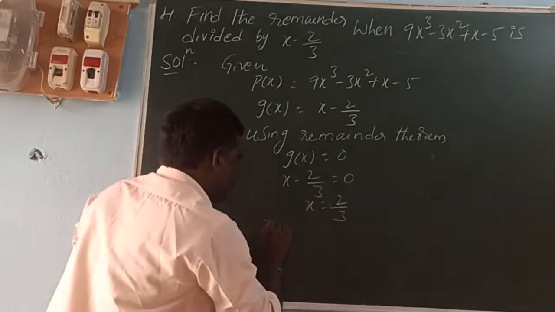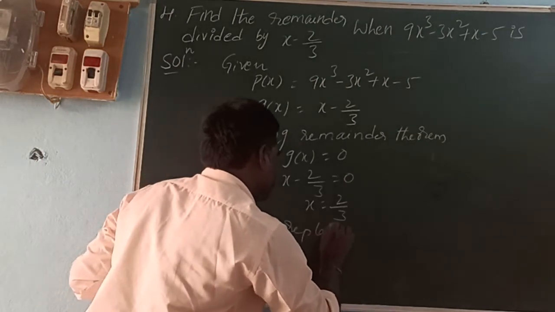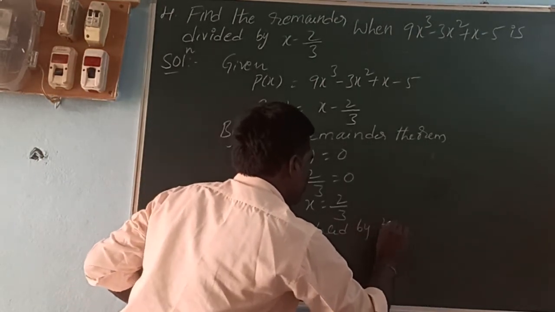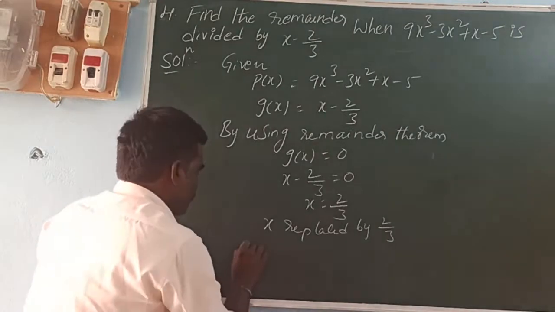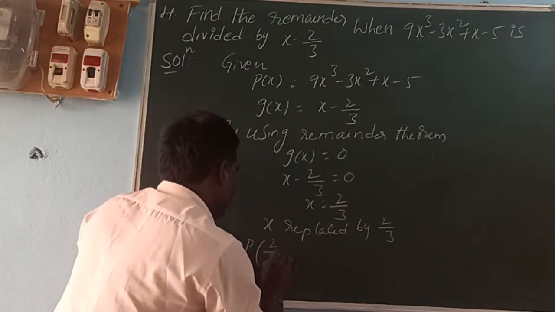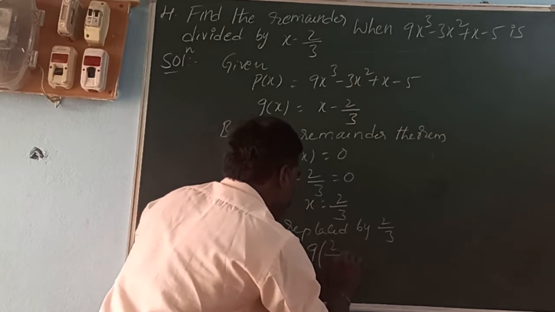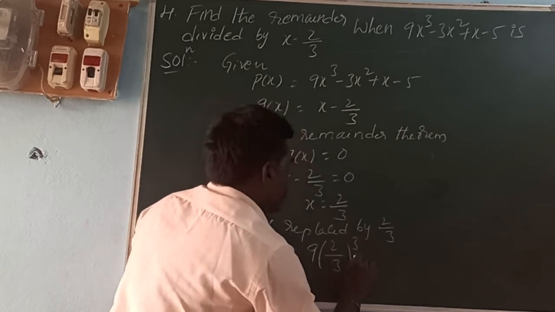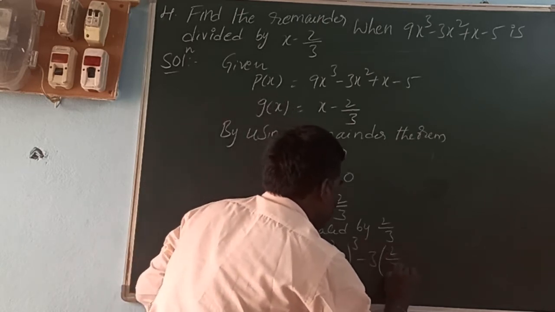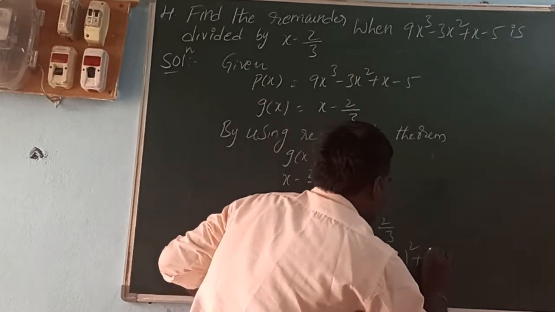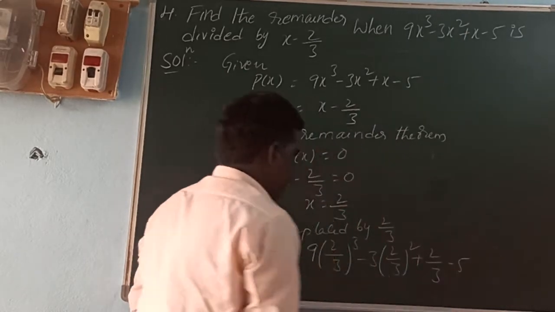So x is replaced by 2 by 3, that is p of 2 by 3 is equal to 9 of 2 by 3 whole cube minus 3 of 2 by 3 whole square plus 2 by 3 minus 5.